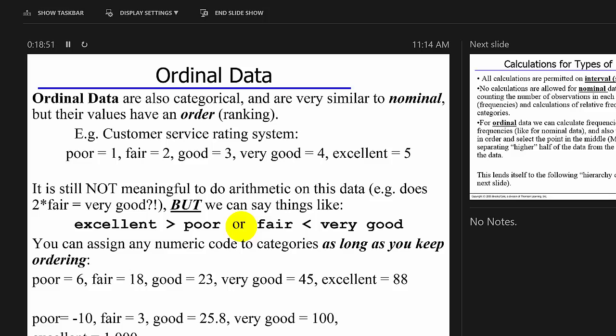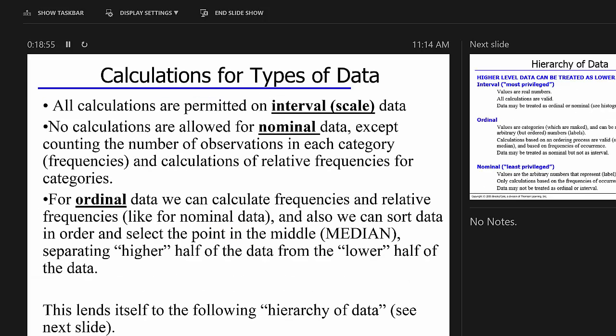So again, a very important thing to remember: for nominal data, you are not allowed to do any computations that go with interval data. Very underprivileged. The only thing that we can do with nominal data is count how many responses we have in category number 1, category number 2, category number 3, and maybe compute percentages of these responses. So what is the percentage of people who said that they're single?